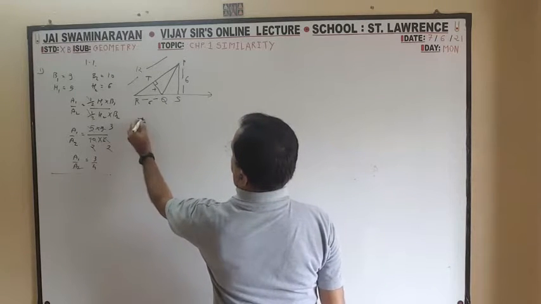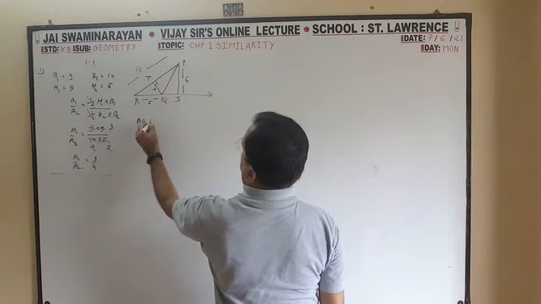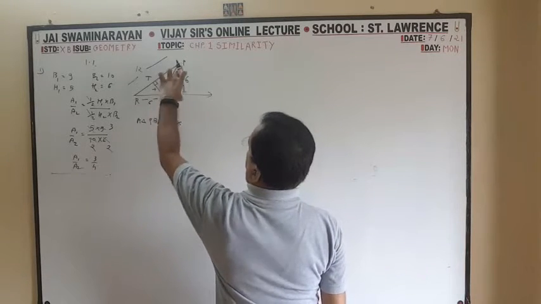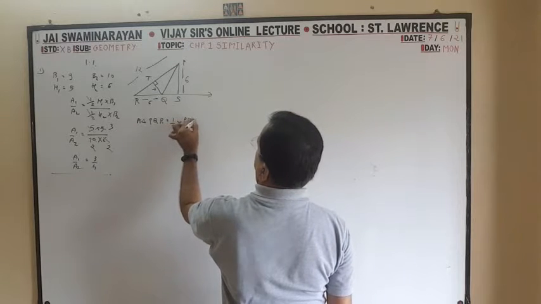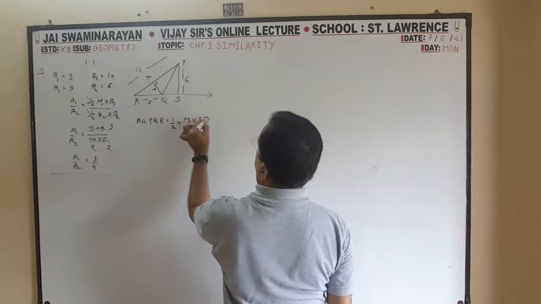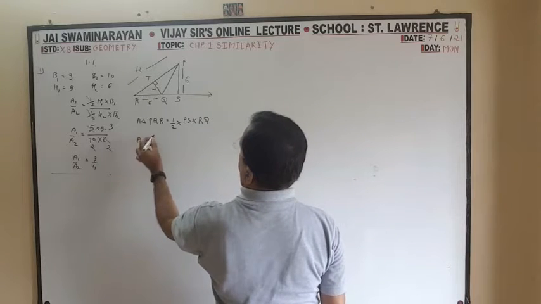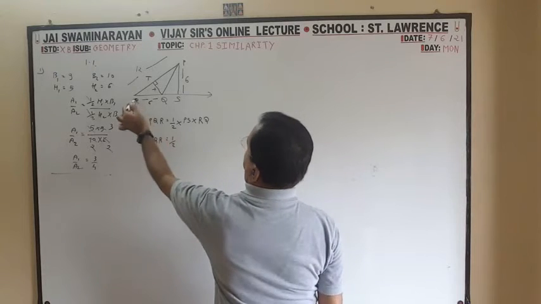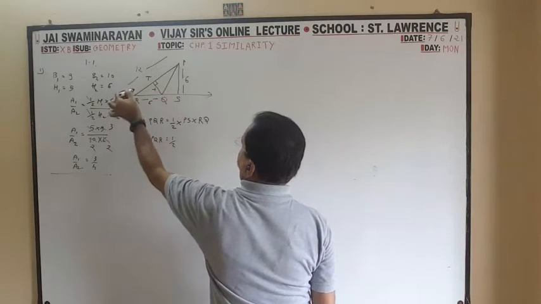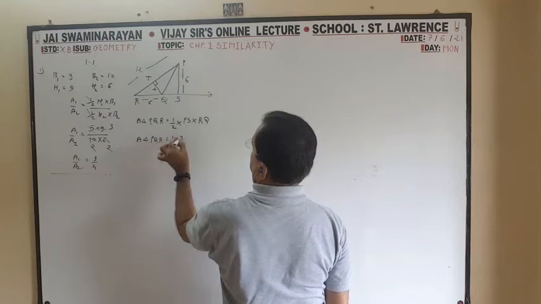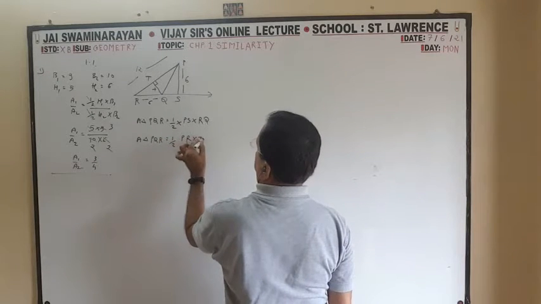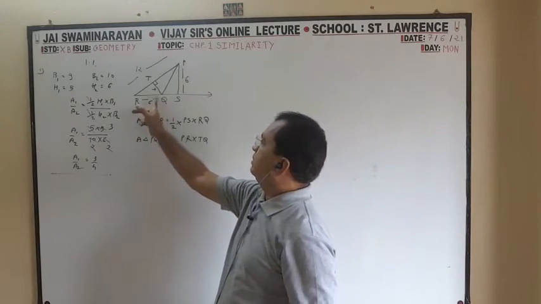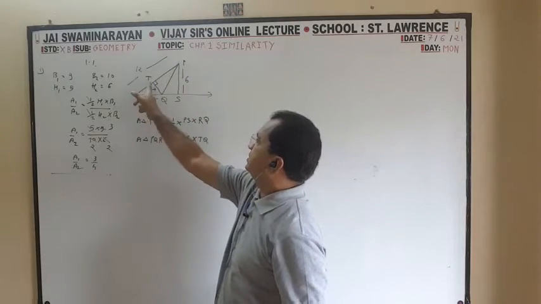Now, area of triangle PQR is half into height, that means PS, into base. Area of triangle PQR again, I have taken base and height, now I am taking base and height in a different way: base into height, base into height.